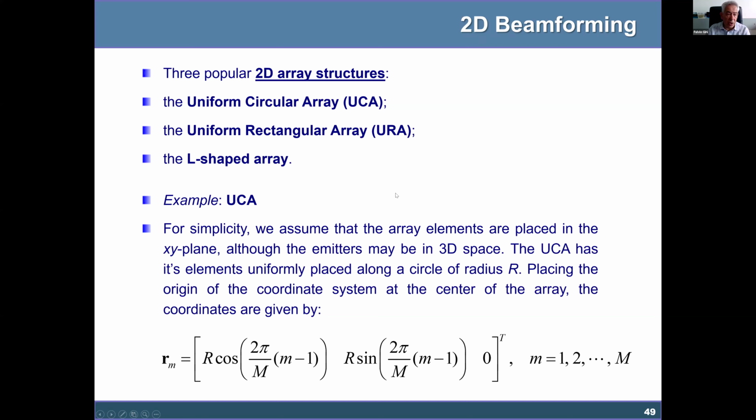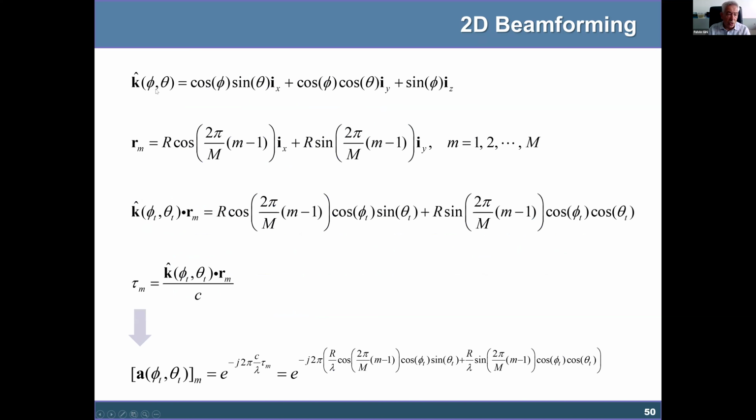So this is what is called a uniform circular array. You have the pointing vector, the vector that points in the direction of propagation, that depends on elevation and azimuth. You have the vector Rm. You calculate the inner product between the two.